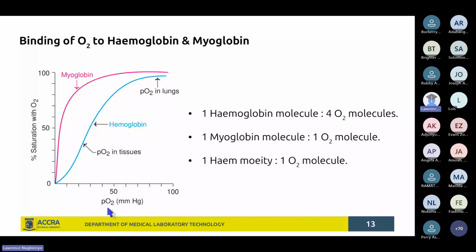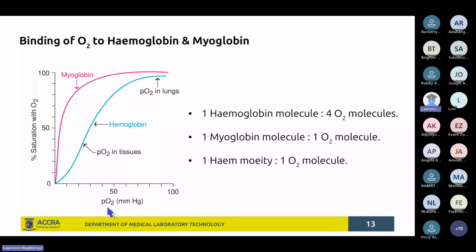What it means is that one heme, or one subunit of the hemoglobin molecule, carries one molecule of oxygen, which means hemoglobin can carry 4 molecules of oxygen.